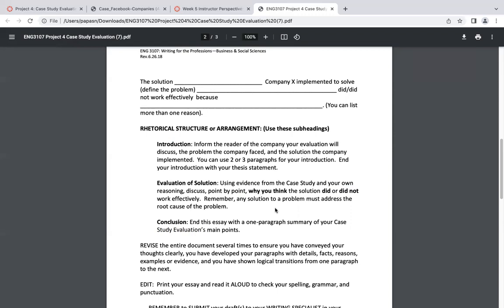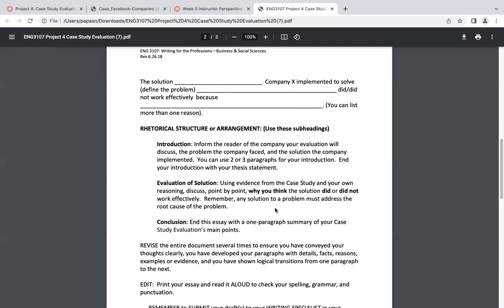Now, just so we don't lose sense of the forest for the trees here in terms of the whole class, this is related to our big picture assignment for the course. Not in that it's the same company or anything like that, but for the final project for the course, you're creating your own recommendation report for a specific company.